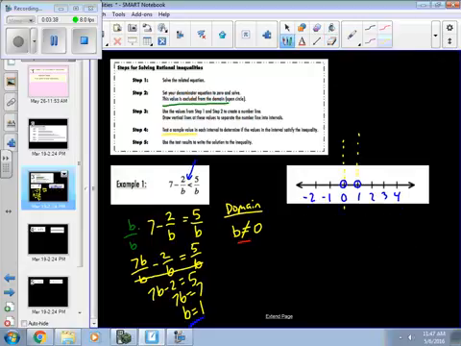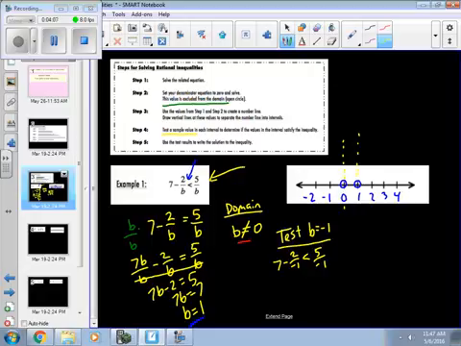So we want to pick a test value for each. For the left side, let's make it easy on ourselves and test b equals -1 and see what happens. If we put -1 into the original problem, we get 7 minus 2 over -1 is less than 5 over -1.